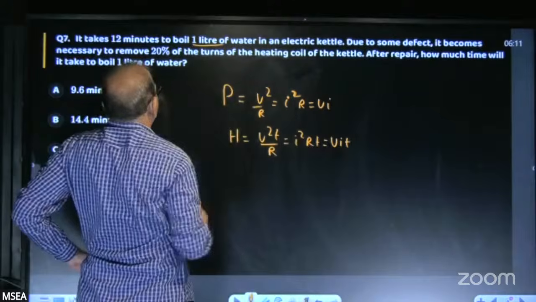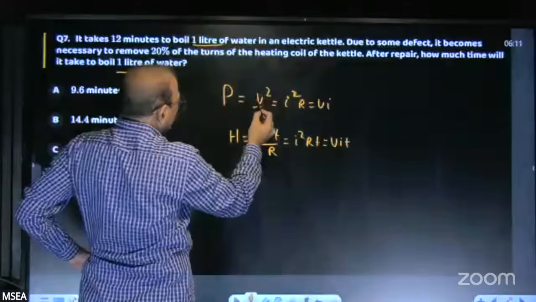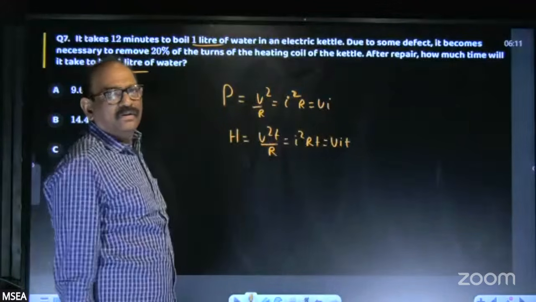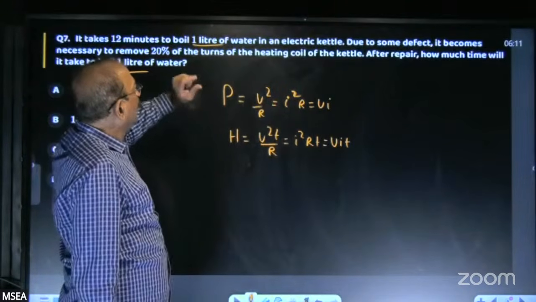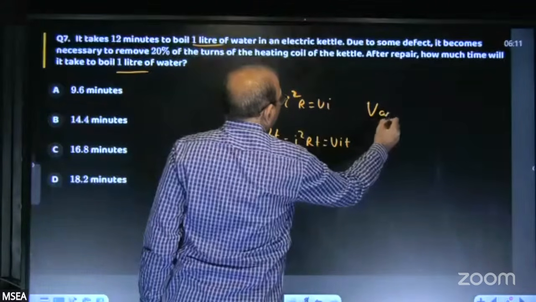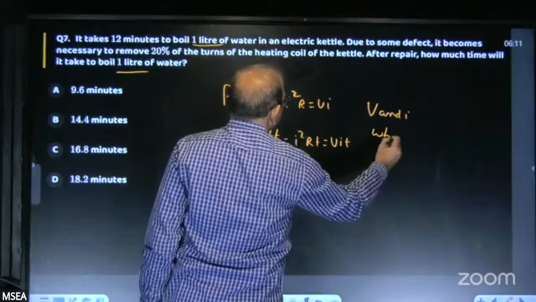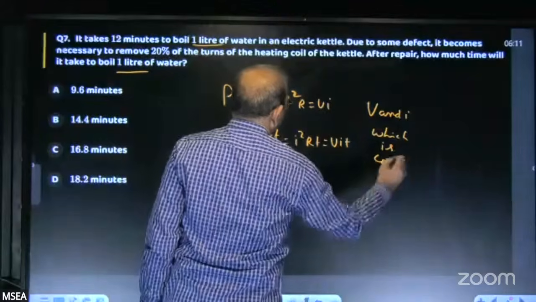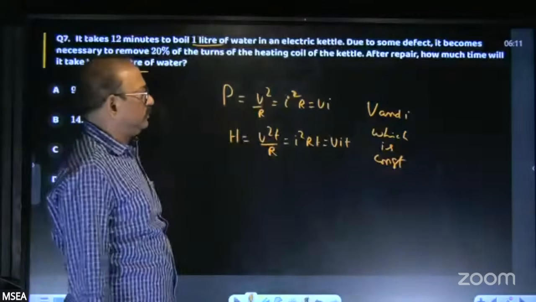Now in this question, if you observe, which formula to choose here? V square by R, I square R, which one? That depends on, out of V and I, which is constant you observe in both cases. Then if you use that formula, it is easy.